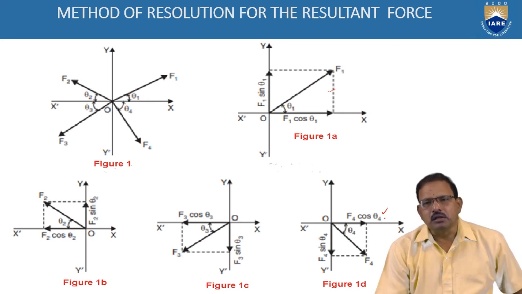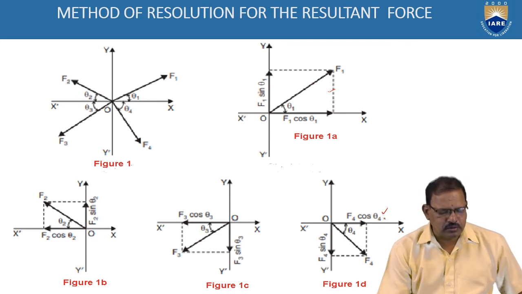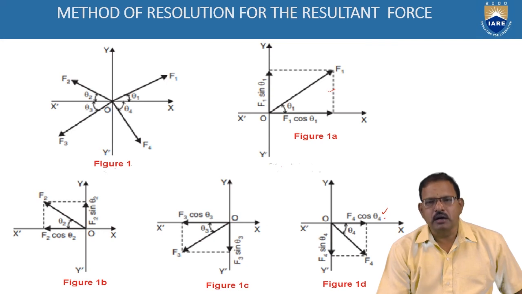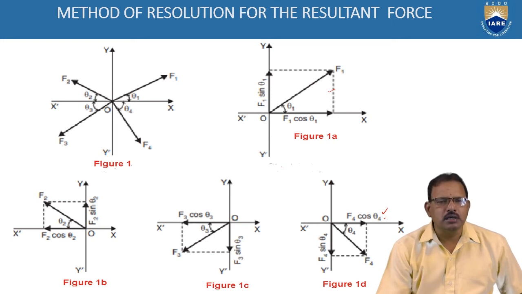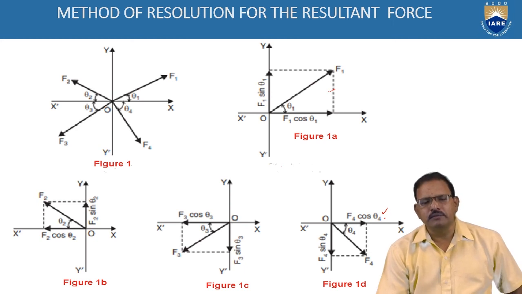So, the sum of all the horizontal forces is given by F1 cos theta 1 minus F2 cos theta 2 minus F3 cos theta 3 plus F4 cos theta 4. Generally, it is equal to sigma H. That is the sum of the horizontal components of the system of forces acting on a body.